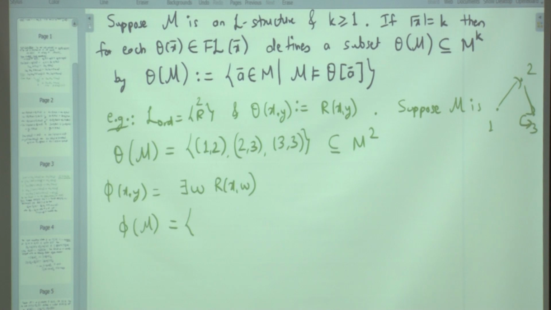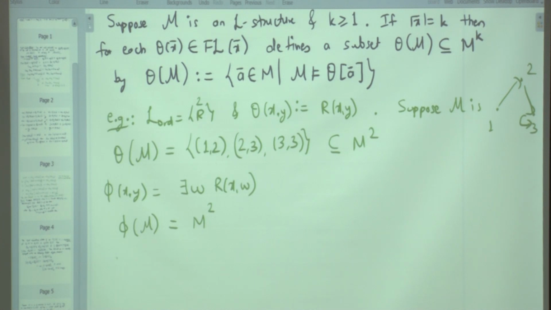Yes. So what will phi M be? Every possible ordered pair. We haven't lost y. Y is free, so you have to include every possible ordered pair. I don't even have to write this, I just have to say this is M square.